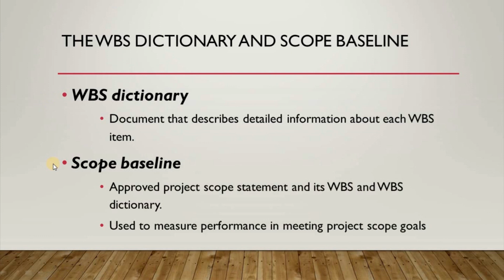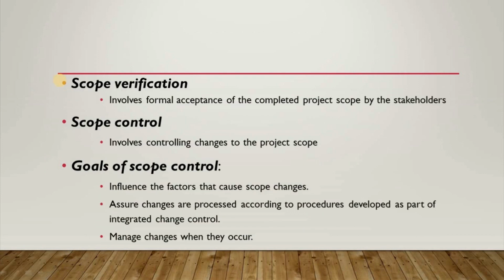Scope baseline, used to measure performance in meeting project scope goals. Approved project scope statement and its work breakdown structure and work breakdown structure dictionary that can be changed only through formal change control procedures and is used as a basis for comparison.